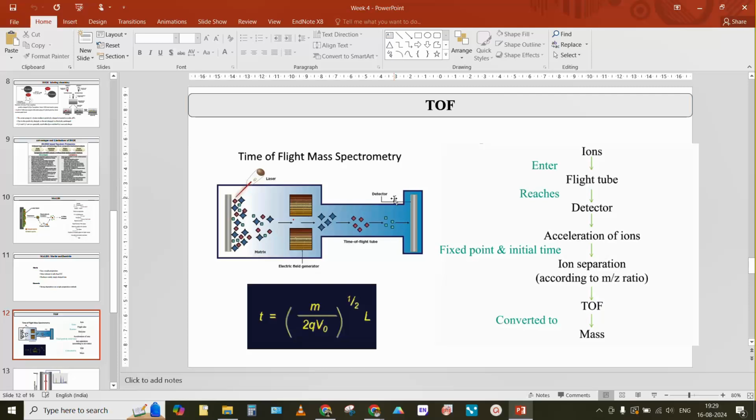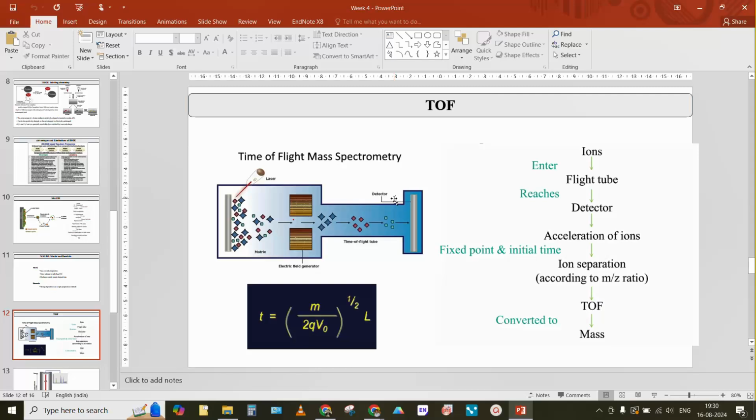The time of flight tube measures the mass to charge ratio of ions based on the time it takes for ions to fly in the analyzer and strike the detector. Ions of lower masses are accelerated to higher velocities. Time of flight often outperforms scanning mass analyzers in sensitivity and scan speed.